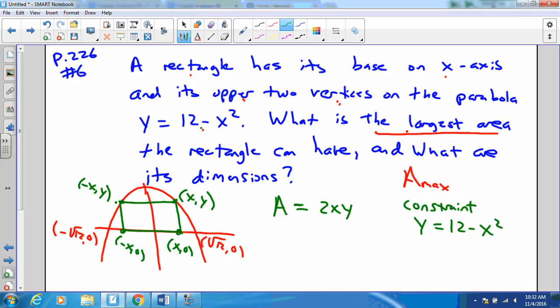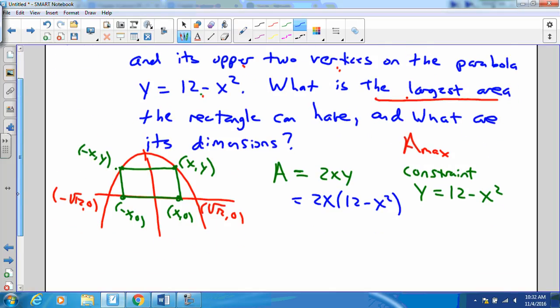Bingo. That's exactly it. My constraint is that y can't be anything it wants to. It must be 12 minus x squared, because y must fit on this curve right here. And so if y is equal to 12 minus x squared, then gosh darn it, y is equal to 12 minus x squared. In other words, equality is a license to substitute.